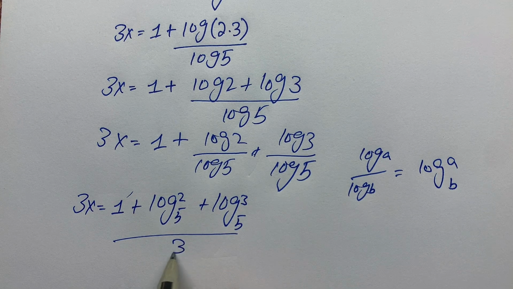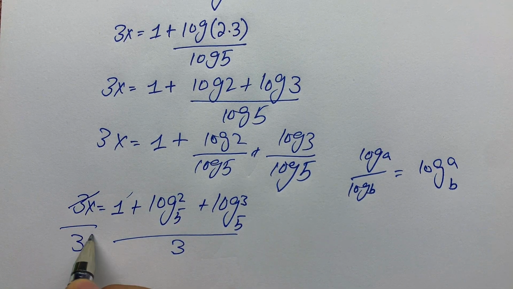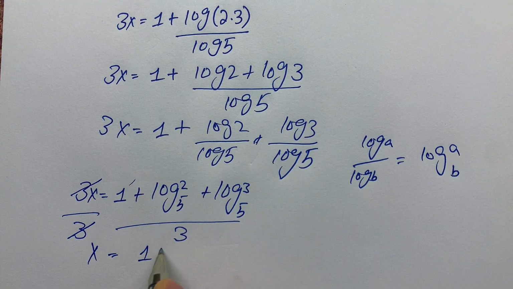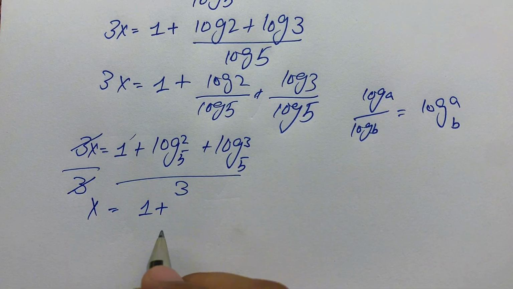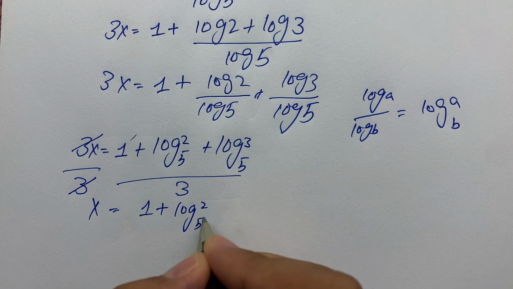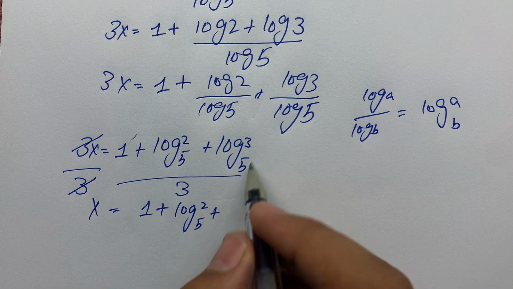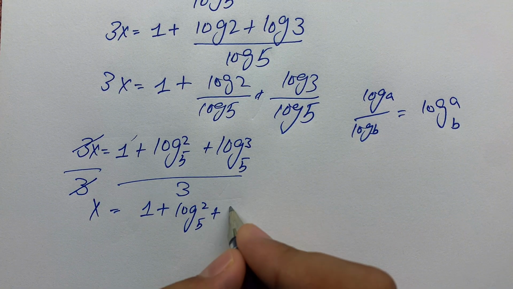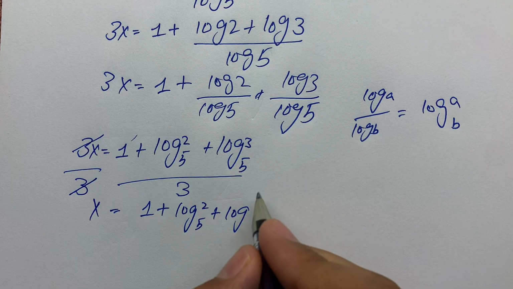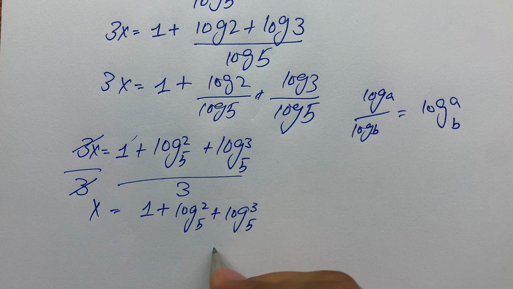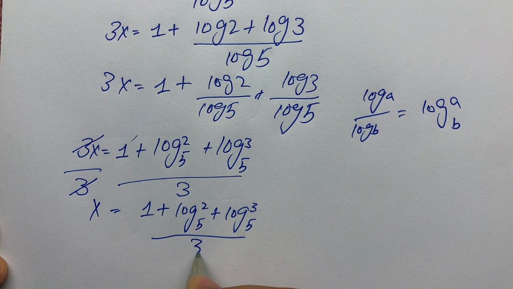This divided by 3, this divided by 3, this cancels with this. Now x is equal to 1 plus log of 2 base 5 plus log of 3 base 5, divided by 3.